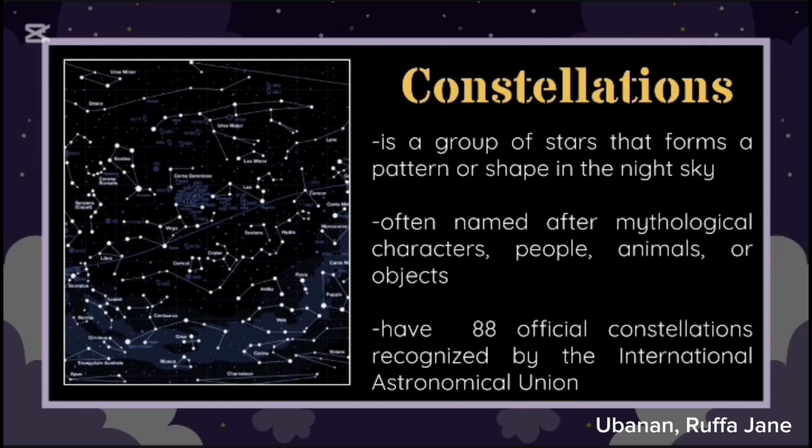The International Astronomical Union, or IAU, officially recognizes 88 constellations. These constellations cover the entire celestial sphere, meaning that every star in the sky belongs to one of these 88 groups.